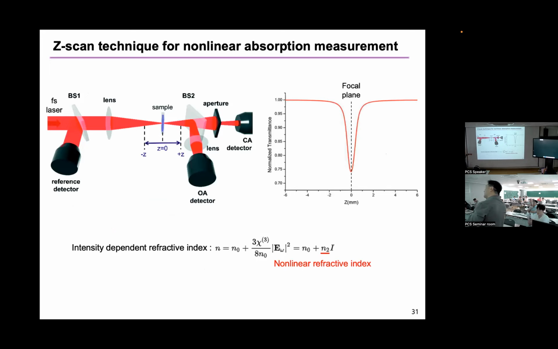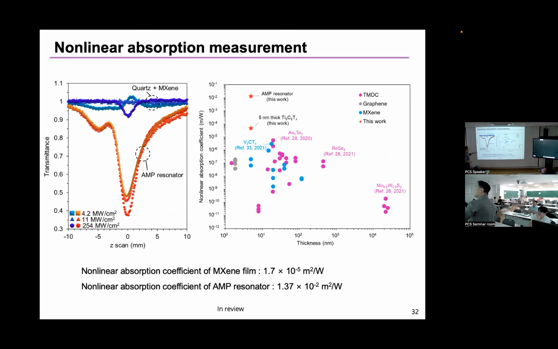Okay, we further measure the nonlinear absorption property of this MXene structure. So this is the nonlinear absorption spectrum. Using the same intensity, we can clearly compare them.